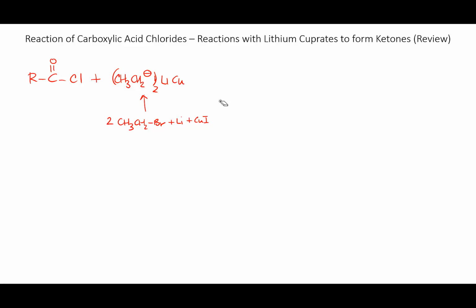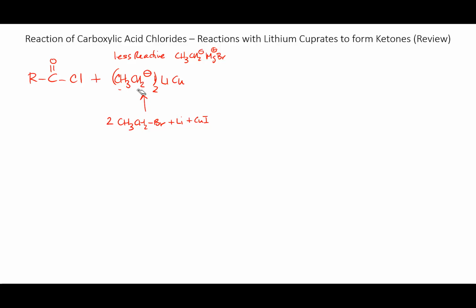What we talked about earlier is the fact that this lithium cuprate is less reactive than either the Grignard or the organolithium compound. We'll talk about that in a minute, what would happen with that reaction.